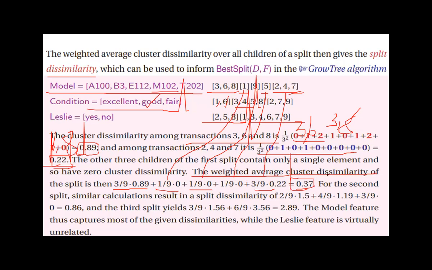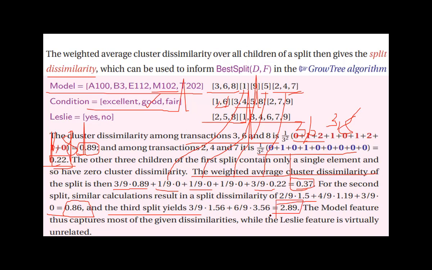Similarly, in the same way, we can calculate for the second split. Similar calculations, dissimilarity of 2 by 9 into 1.5. So this is 2 by 9, this is 4 by 9, and this is 3 by 9 into, if you calculate all these things, it comes to 0.86. Similarly, if you calculate the third split, it comes to 2.89.